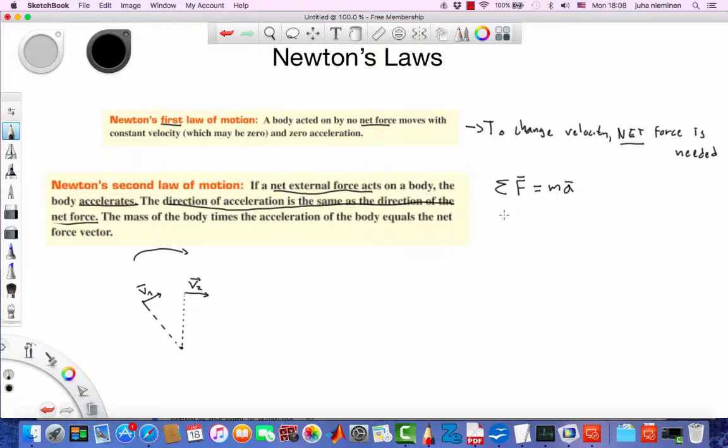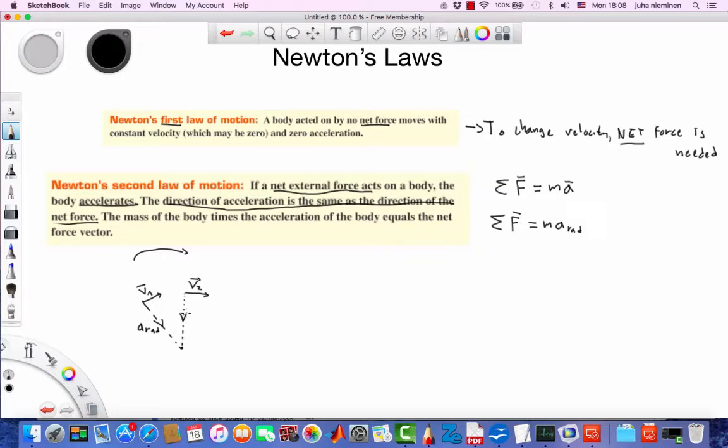In that case, we can write the second law as follows. The net force F equals mass times the radial acceleration. Radial acceleration is always towards the center of the circle, and this is important to remember when solving problems.